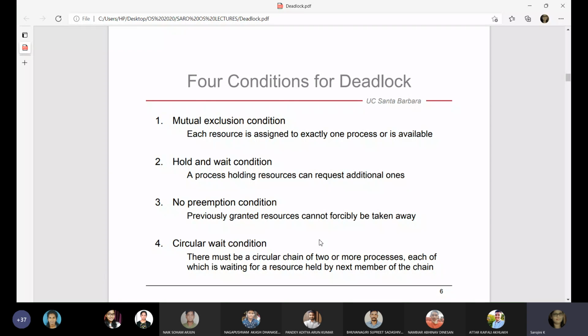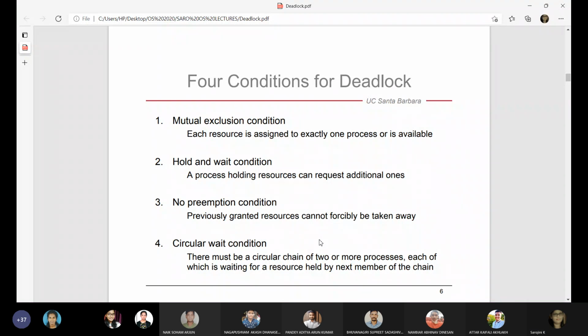There is the mutual exclusion condition. That means each resource is assigned to exactly one process, or it is available. If you take each and every shareable resource currently available in the multi-processing system, either it will be used by a single process, the word single is very important, or it will be freely available.